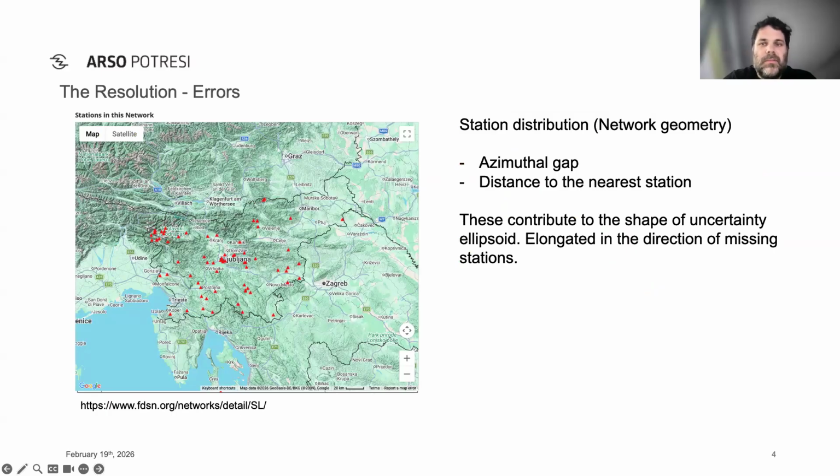The most important metric here is the azimuthal gap, which is the largest angular opening between neighboring stations as seen from the earthquake's epicenter. As a rule of thumb, if the gap is larger than 180 degrees, then the horizontal location will be degraded severely. This means that not enough stations recorded such an earthquake.